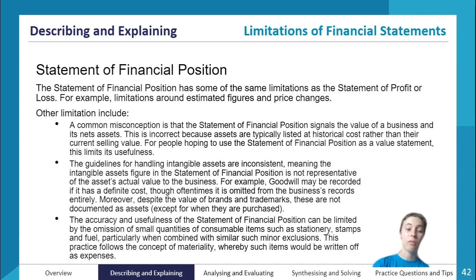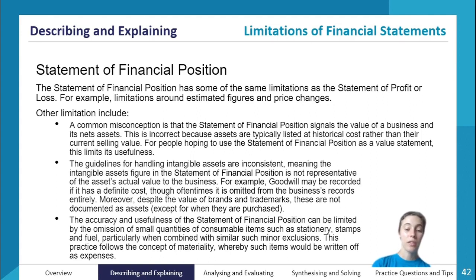It may be recorded if it has a definitive cost, so what it's actually worth, but oftentimes it's not recorded at all. And similarly, things like trademarks, they are often not included, even though they are part of the business's assets.